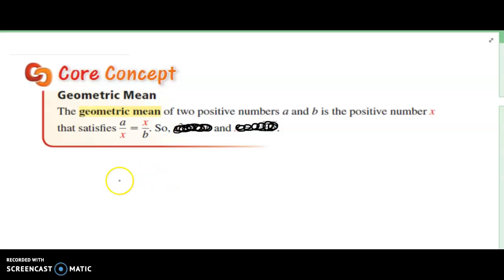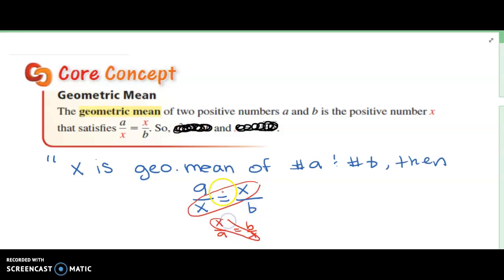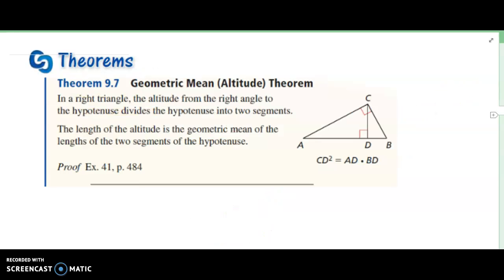So as we had said in our vocab in the first lesson, if I say that x is the geometric mean of number A and number B, then A over X equals X over B. Or another way to write it, and it's the same way, is X over A equals B over X, as long as the X's are diagonal from each other and the other two numbers are diagonal from each other, then you're good.